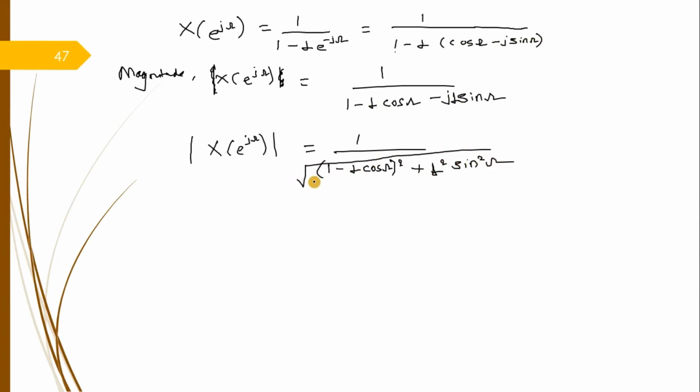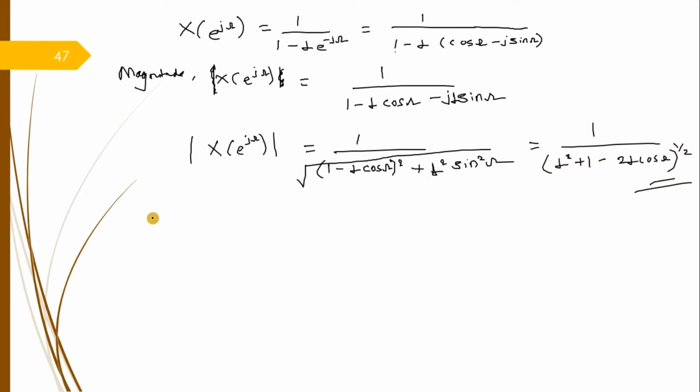This is how the magnitude is computed. If you compute this, you will get 1 plus alpha square cos square omega minus 2 alpha cos omega plus alpha square sine square omega. Sine square omega and cos square omega will become 1, so only alpha square will be left. So you get the answer as the square root of alpha square plus 1 minus 2 alpha cos omega. So this is your magnitude.